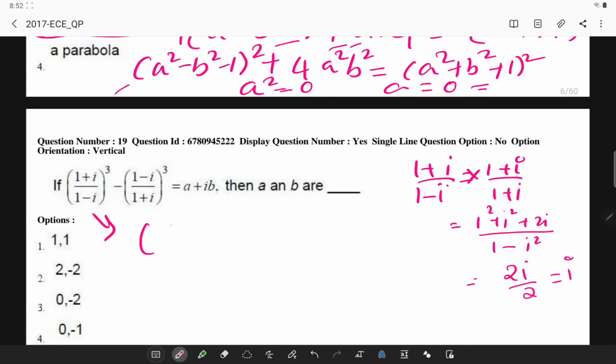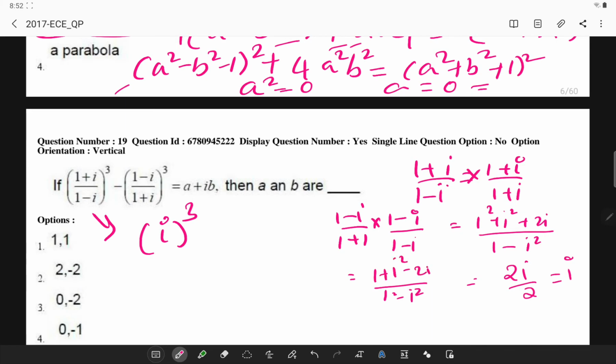So this is simply i cube, and for 1 minus i divided by 1 plus i, if I do rationalization, I have to multiply with 1 minus i. So this will be again 1 square minus i square, 1 square plus i square minus 2i, this will be minus i, plus minus i whole cube. So this is simply minus i cube.